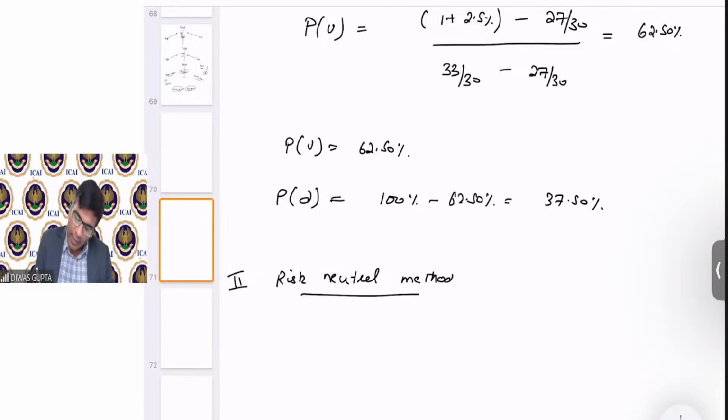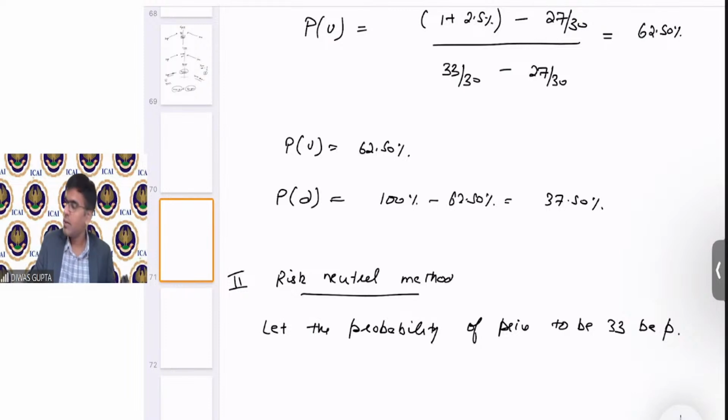How? Let the probability of price to be 33 be P. So there are only two possibilities, right? 33 or 27. So if the probability of price to be 33 is P, then the probability of price to be 27 becomes 1 minus P, correct?